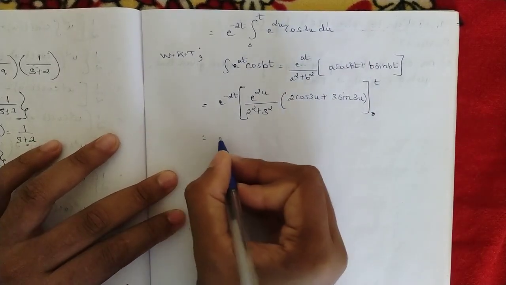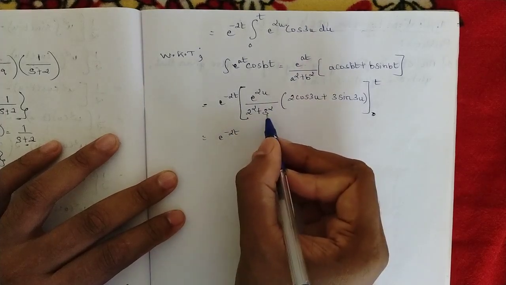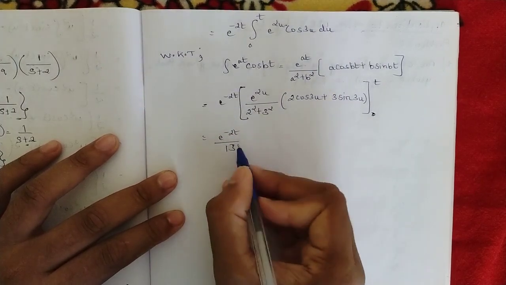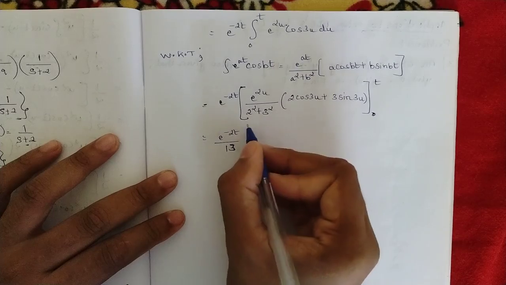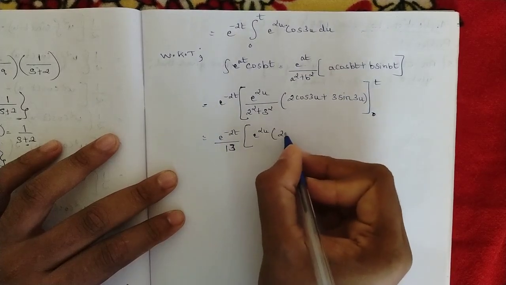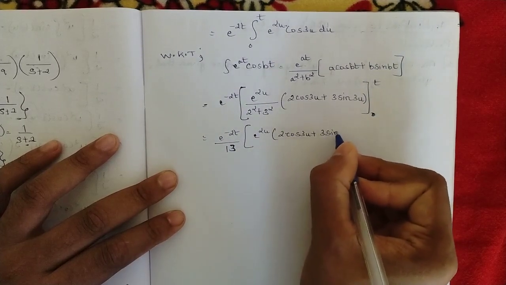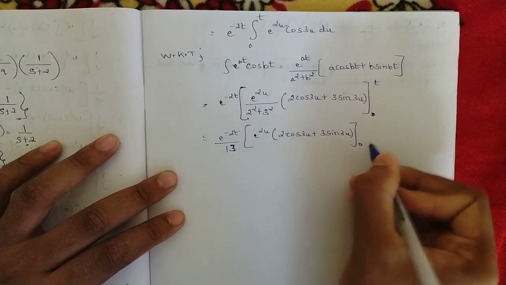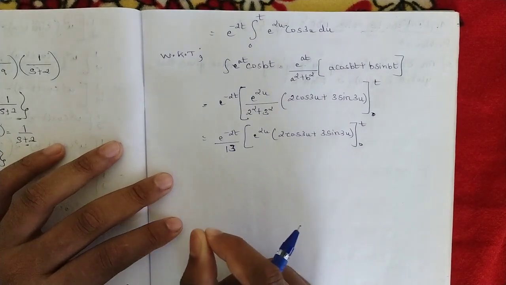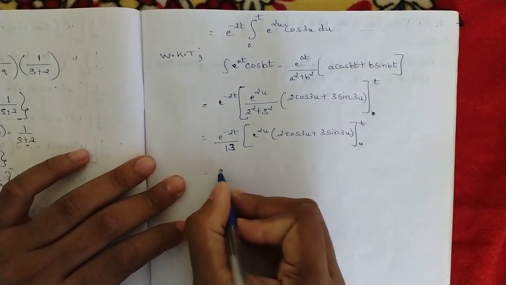So now e to the power minus 2t, 2 square plus 3 square, 2 square is 4, 3 square is 9, 9 plus 4 is 13, you take it out constant here. Okay. E to the power 2u, 2 cos 3u plus 3 sin 3u, 0 to t. Okay. Apply the limits now.